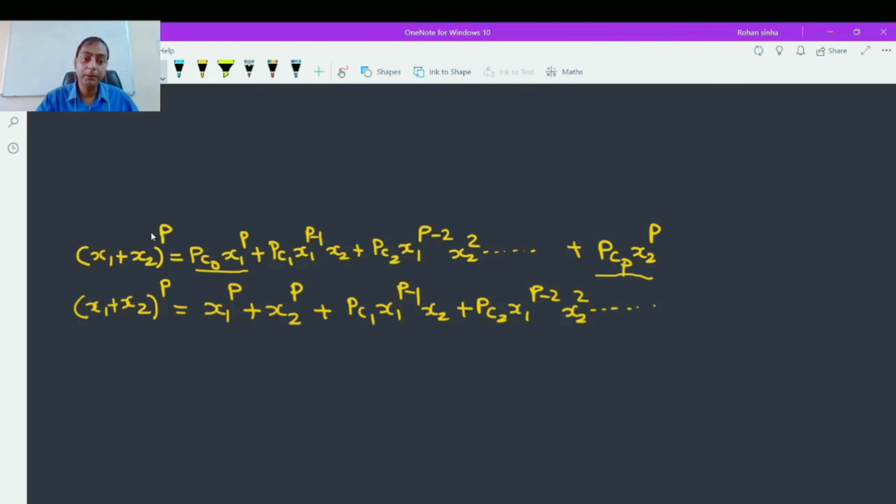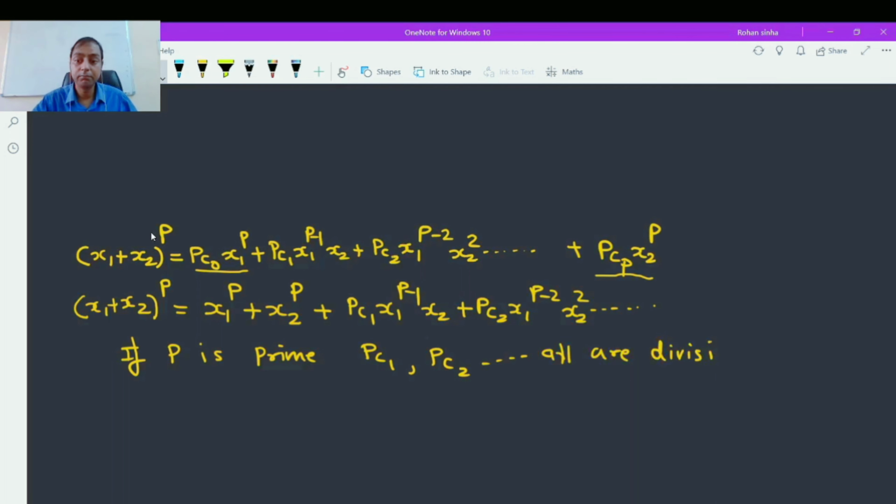If P is a prime number, very interesting idea, PC1, PC2 all are divisible by P. So can we say all these terms are divisible by P?